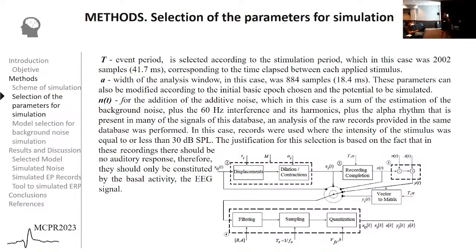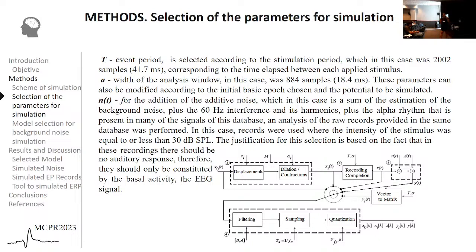As for the additive noise, in this case it is a sum of the estimation of the background noise, plus the 60 Hz interference and its harmonics, plus the alpha hit that is present in many signals of the database. An analysis of the raw record provided in the same database was performed.